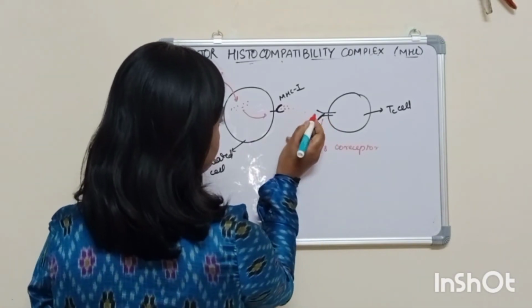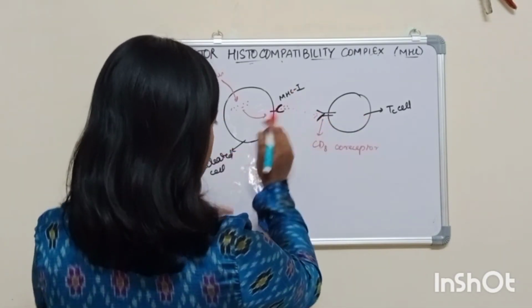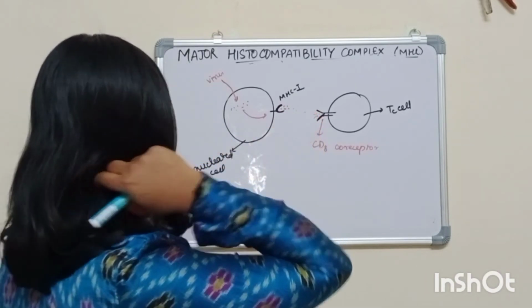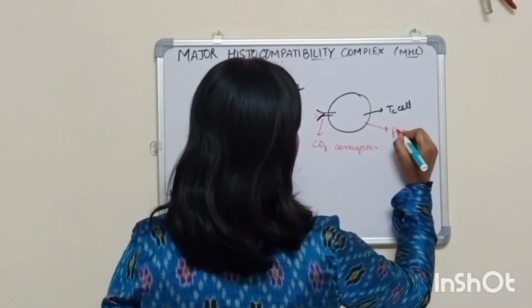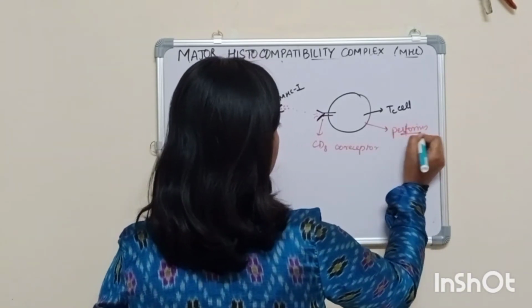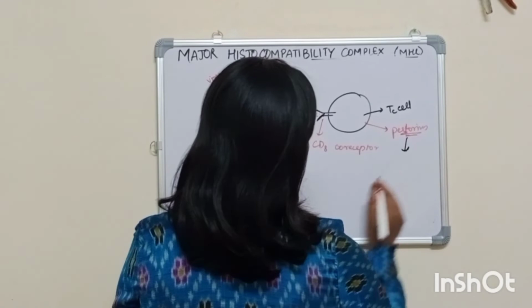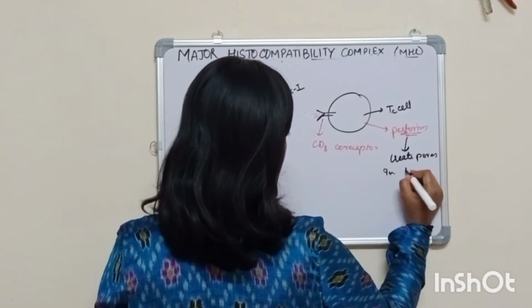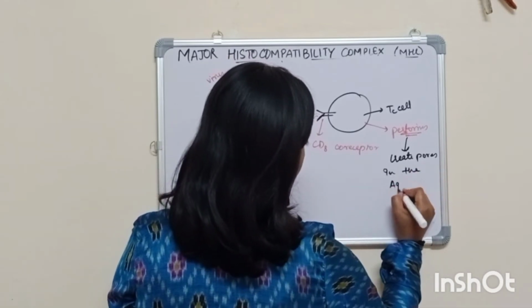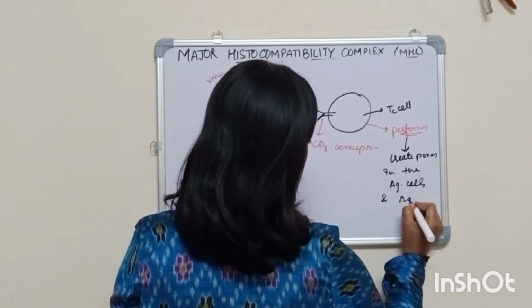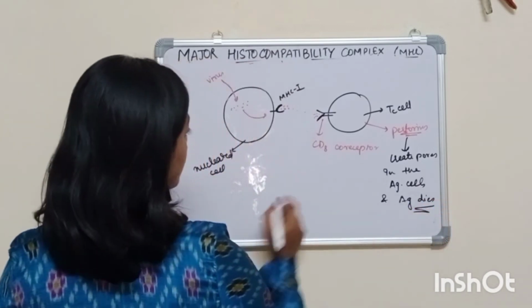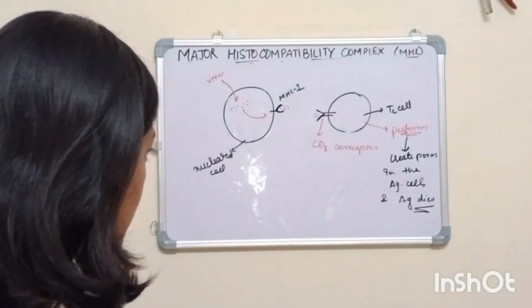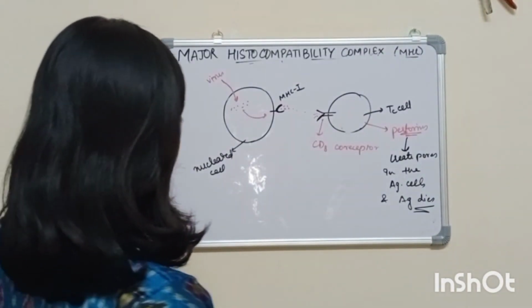Now it recognizes that it is an antigen, and it will release perforins that will create pores in the antigenic cells, and the antigen will die. It creates pores not in this cell but in the antigenic cell. So this is how MHC1 works.